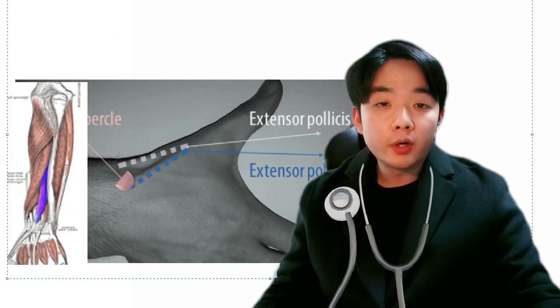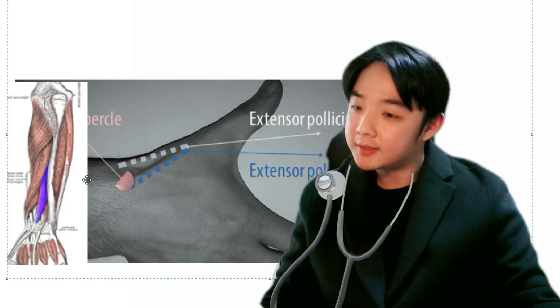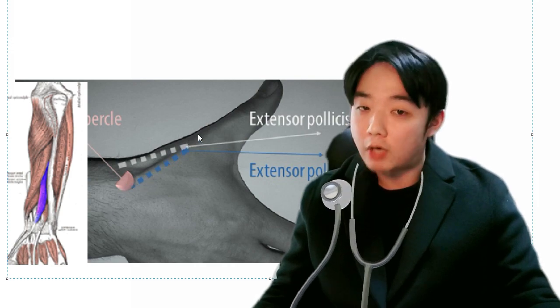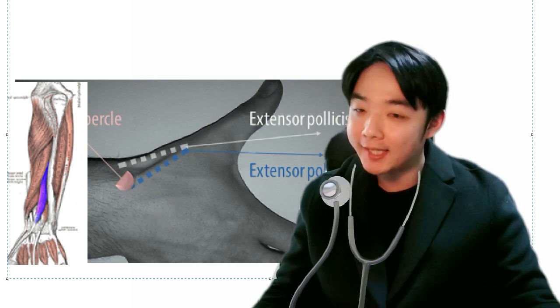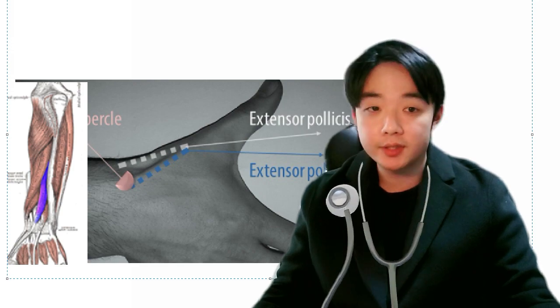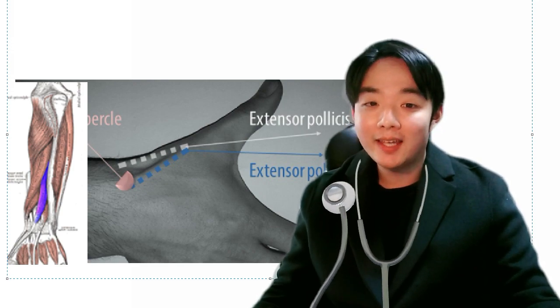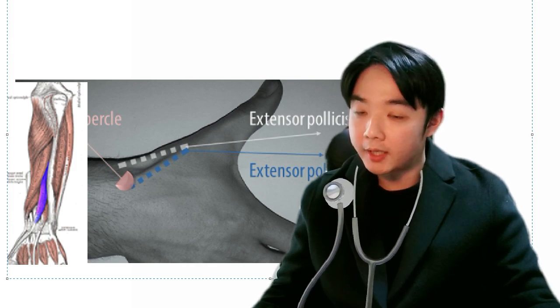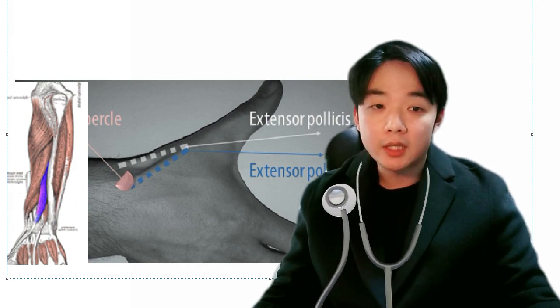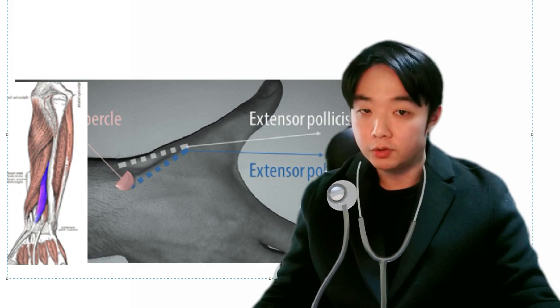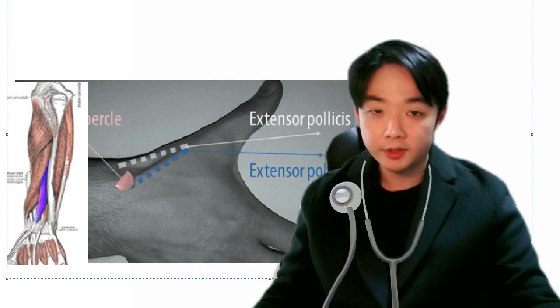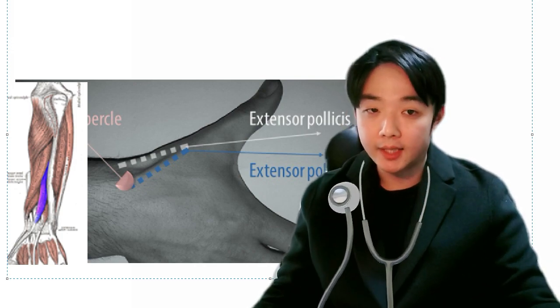There's a report that the incidence of extensor pollicis longus muscle rupture is below 1% in radius fracture patients. And there's also a study that looked at 9 cases of Lister's tuberosity fracture. The average time from the fracture to tendon rupture was 21 days.